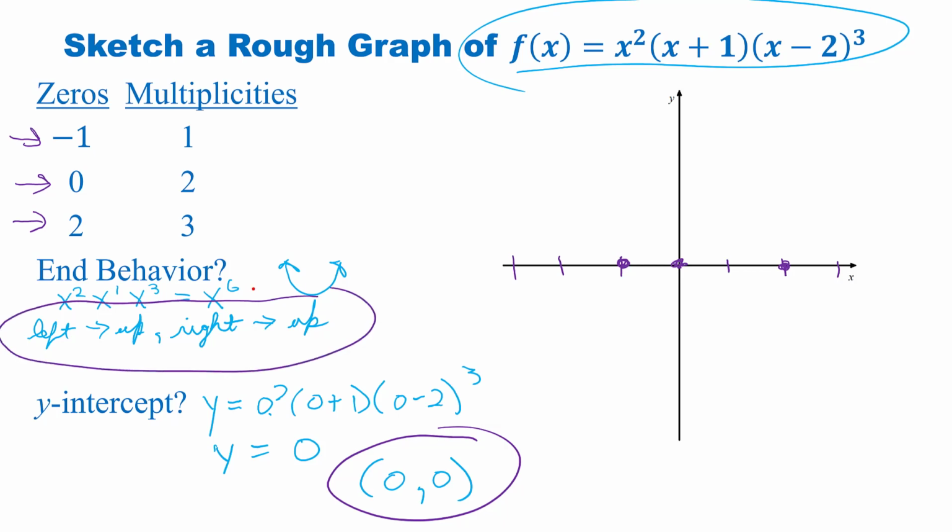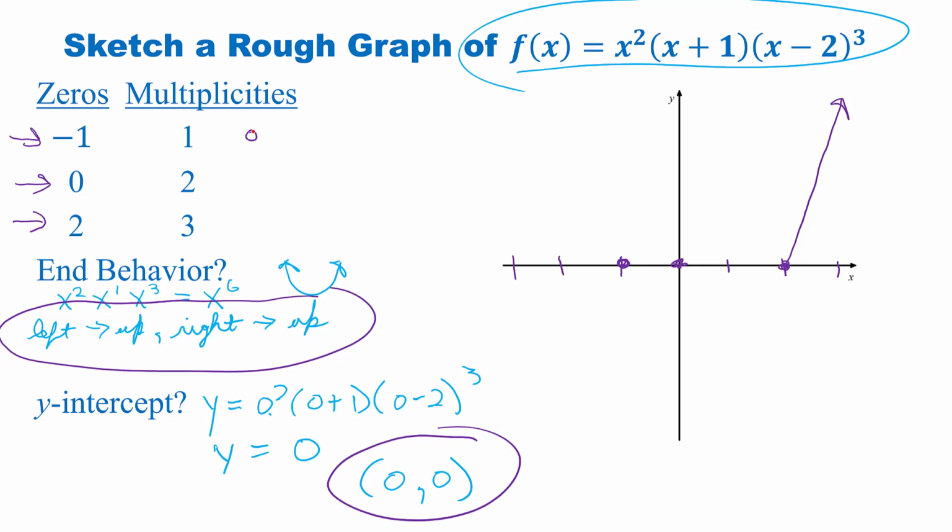So I'm going to start on the right side. On the right side, we're going up. So right here we have x equals 2. From there, we're going to be heading up. So what happens at x equals 2? Well, the multiplicity tells us whether our graph crosses or touches at each of these intercepts.